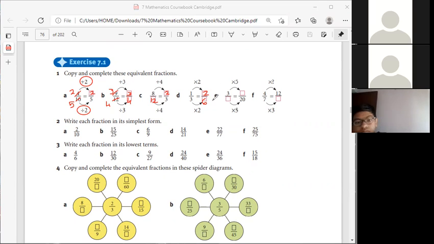Can I say 2 upon 6 is in its lowest term or simplest form? No, because I can further reduce it to 1 upon 3. The lowest form will be 1 upon 3. Do you get me?